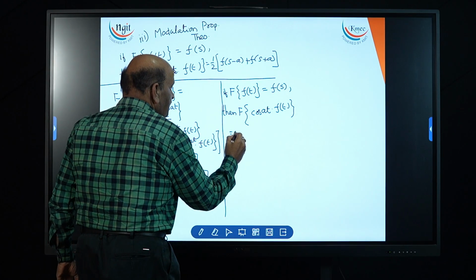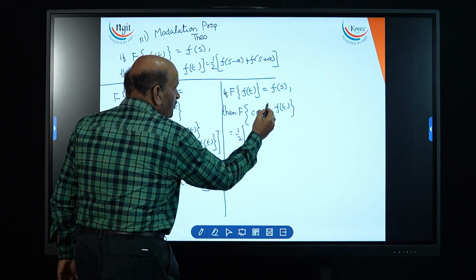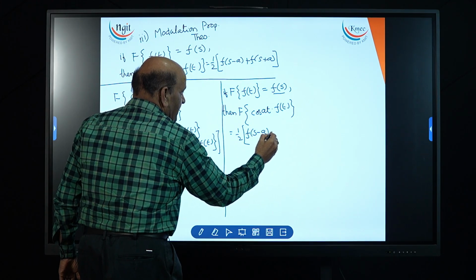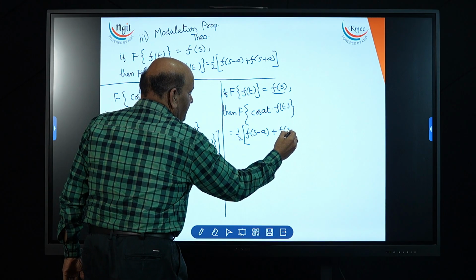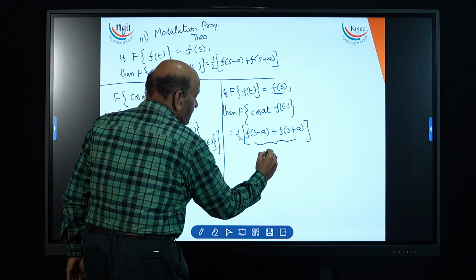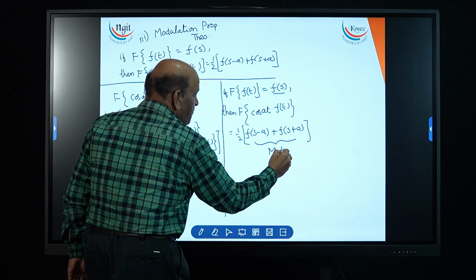That is half of F of s: on one side F of s minus a, on the other side F of s plus a. This concept is called modulation.